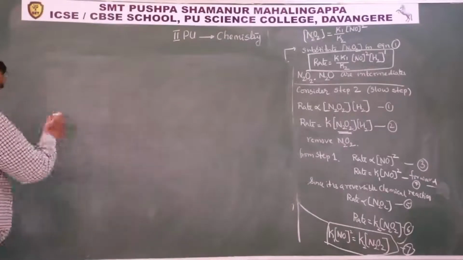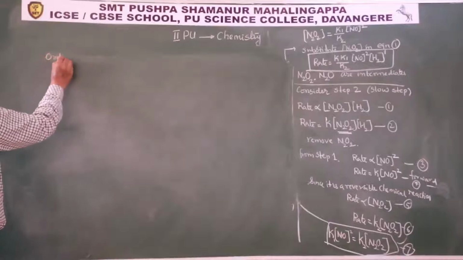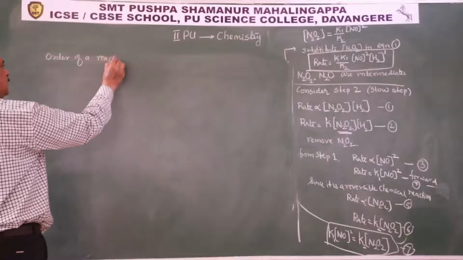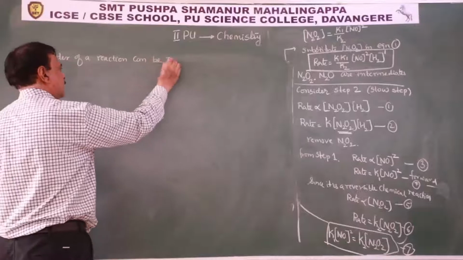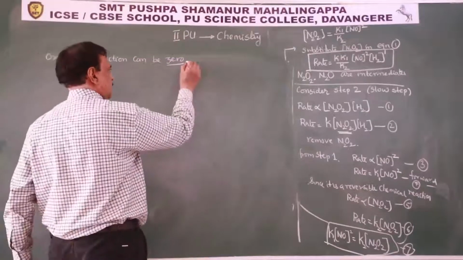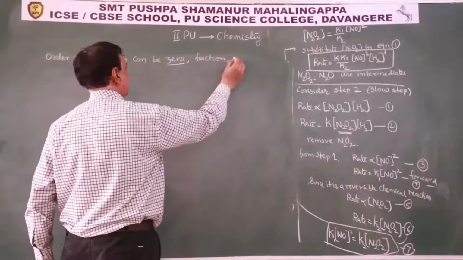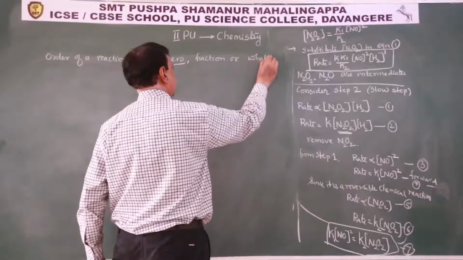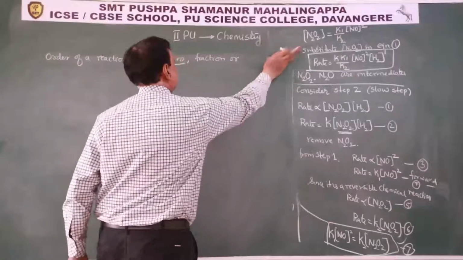The order of a reaction can be 0, a fraction, or a whole number.